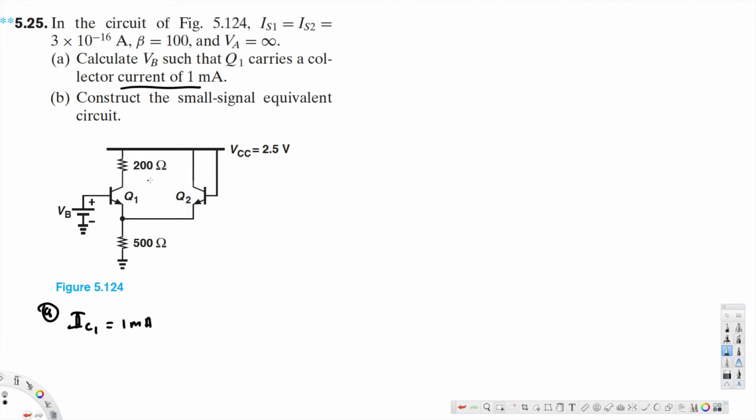If I apply KVL here, this is VCC minus (IE1 plus IE2) times 500 ohm is equal to VBE. Instead of VBE, we can put VT ln of IC2 over IS2.